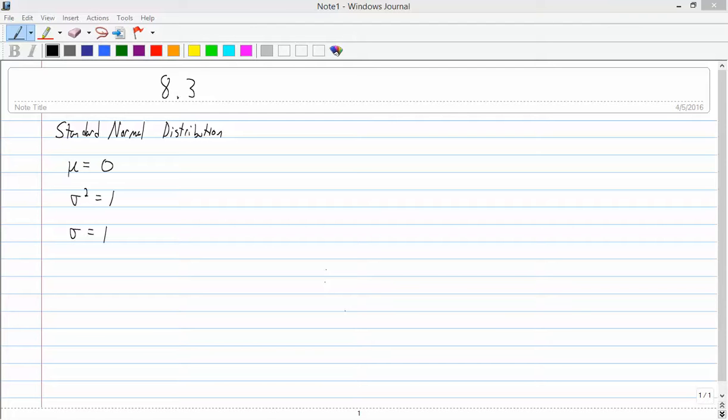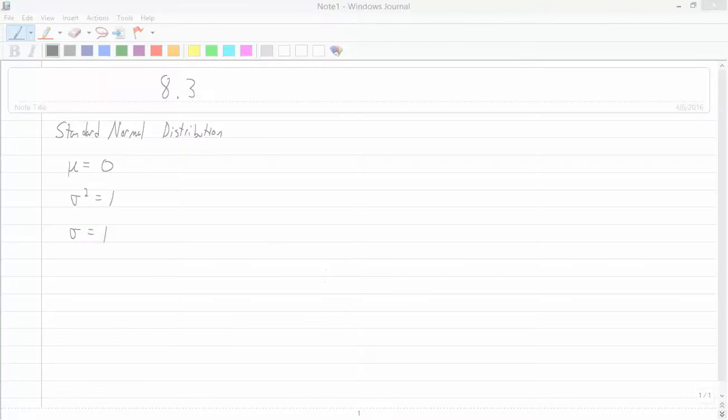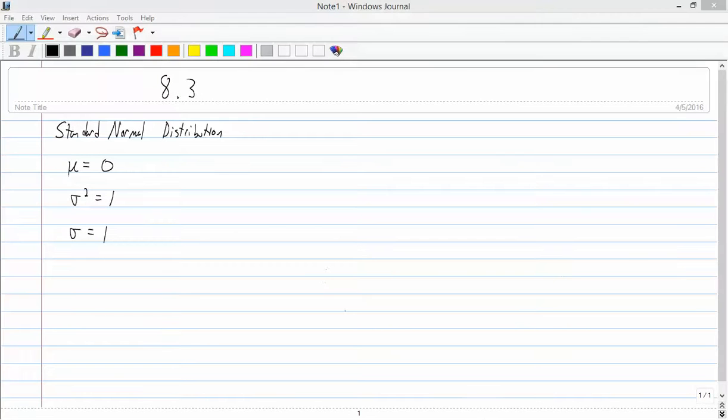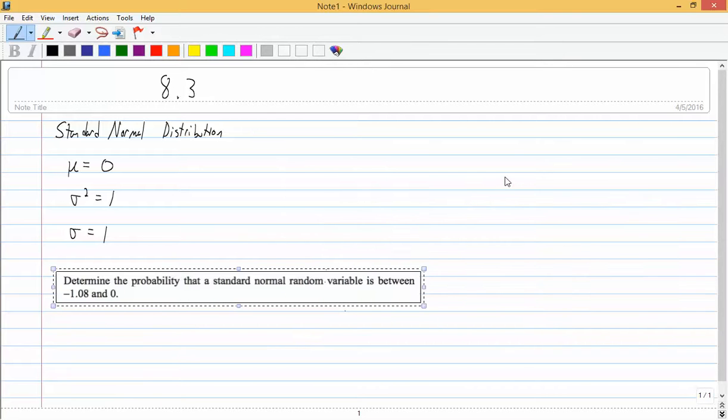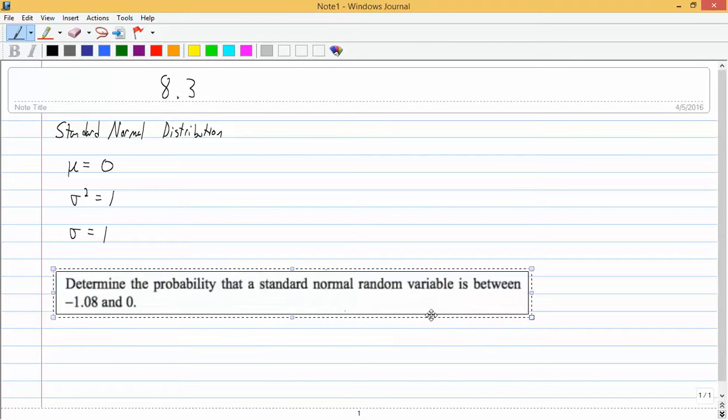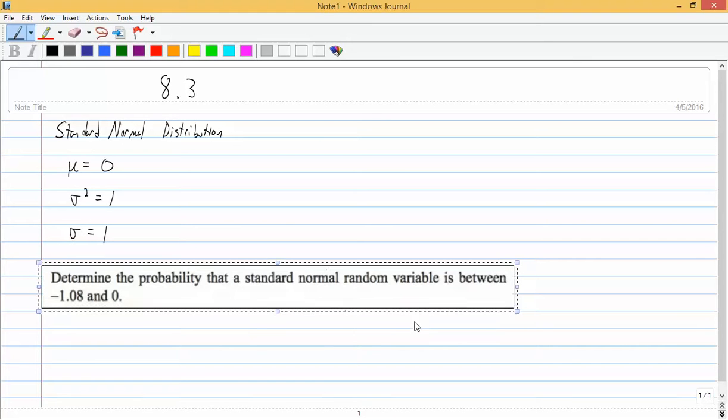I'm around page 340 of your ebook. And let's look at this problem here. It says, determine the probability that a standard normal random variable is between negative 1.08 and 0.